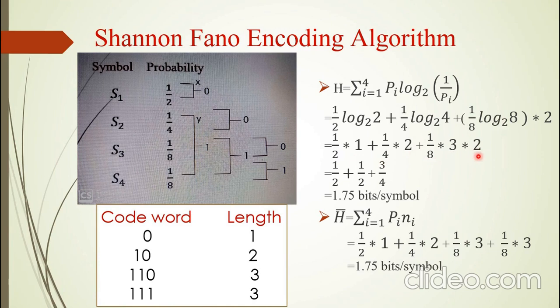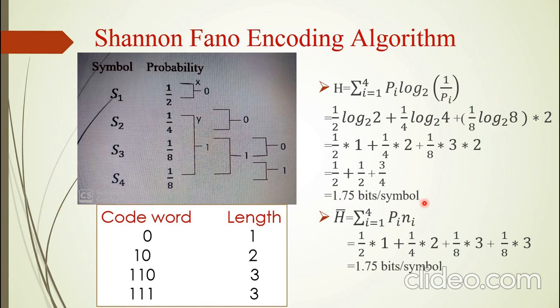So it will be 1 by 2 plus 1 by 2 plus 3 by 4. And the result is 1.75 bits per symbol.